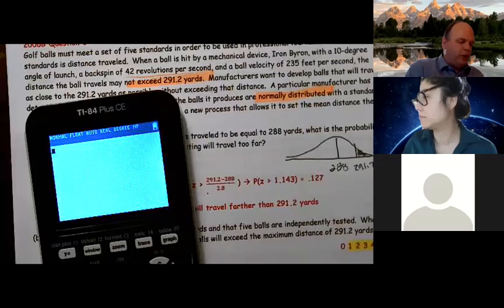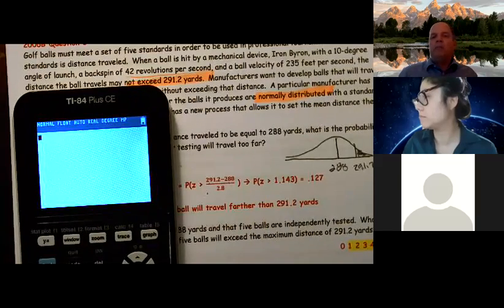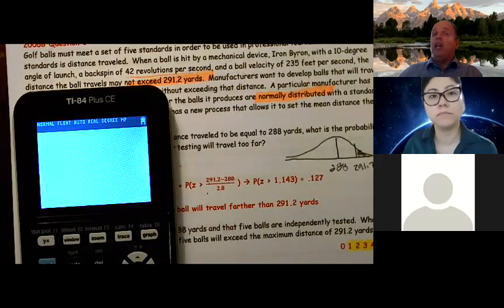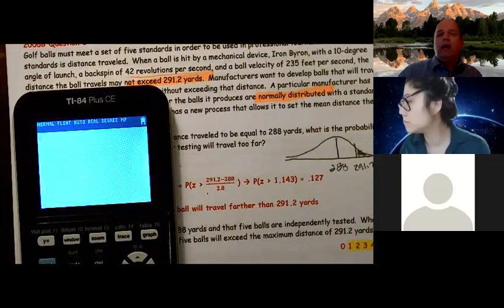Now, there's two places you can go to. And I'm going to show you how to use the stat test because I think that's going to help you out because it immediately gives you both the Z and it also gives you all the probabilities. So it gives you all the information if you just work straight with the stat test.